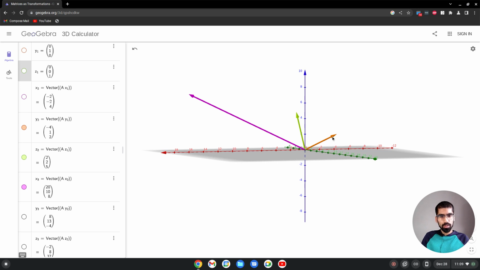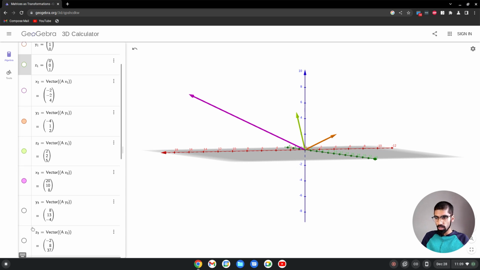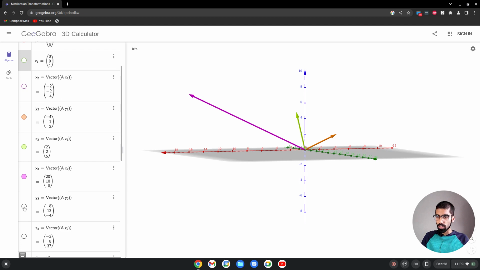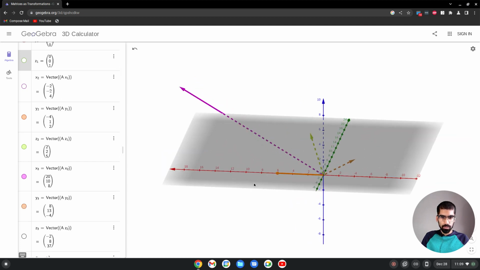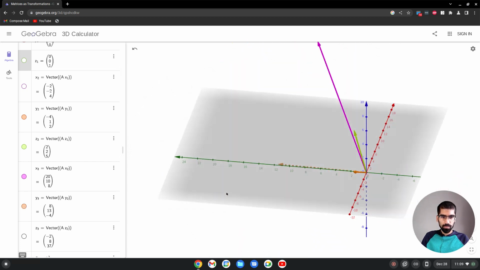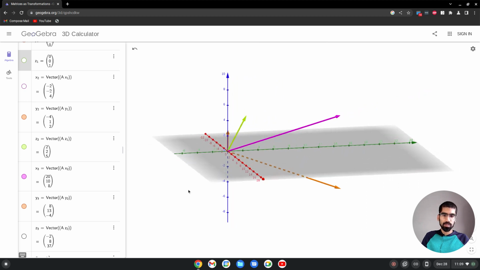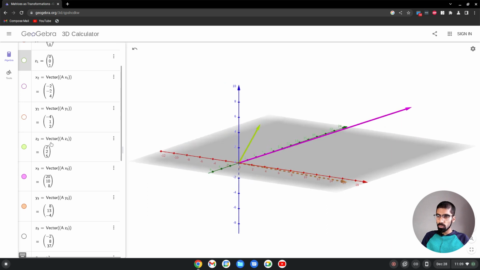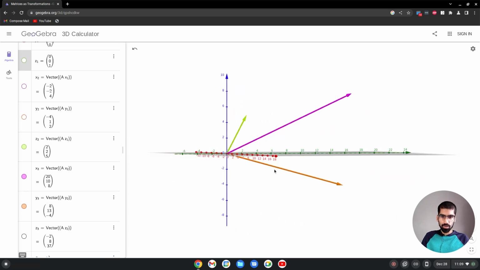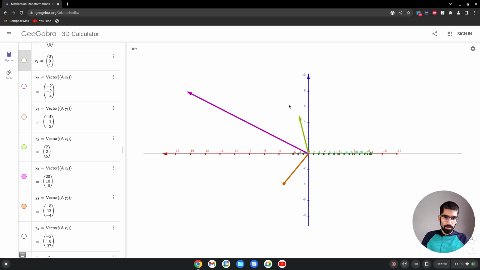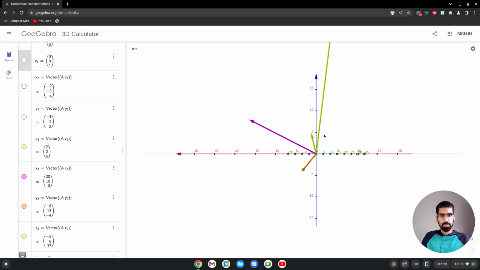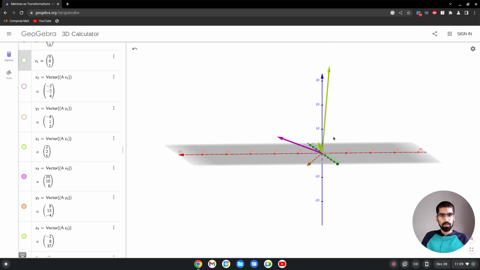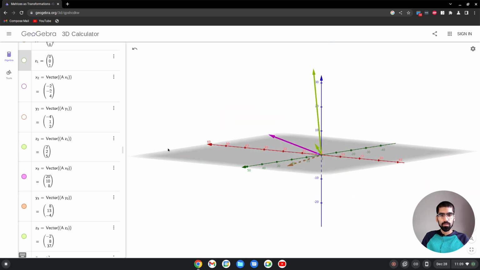Before it was this orange vector in this direction, now it's going to start pointing in a new direction after it's been multiplied by matrix A. And then finally with z2, this vector here, it's also going to be transformed in a different direction after being multiplied by matrix A.